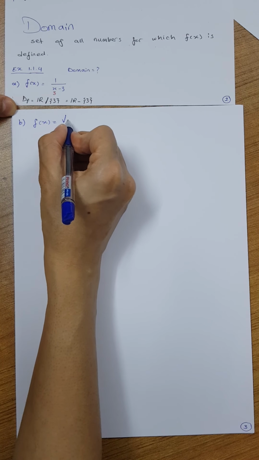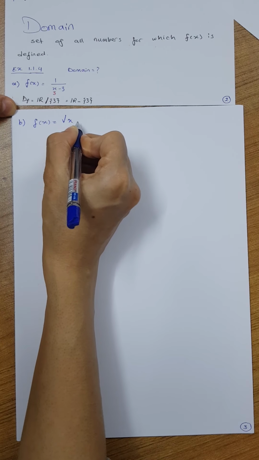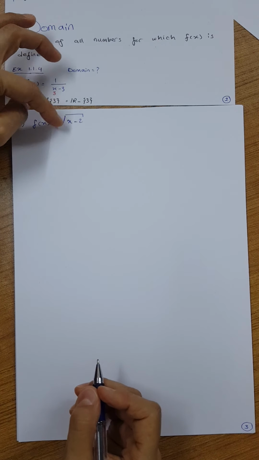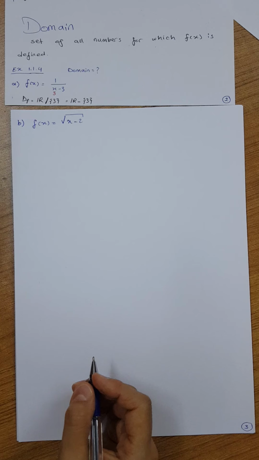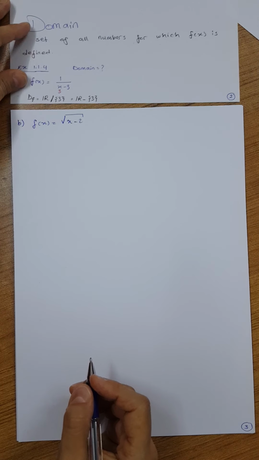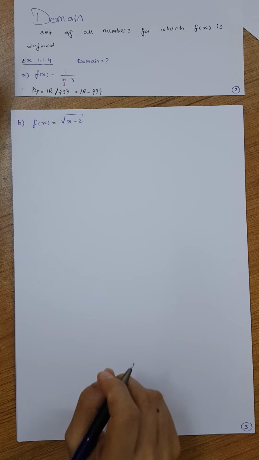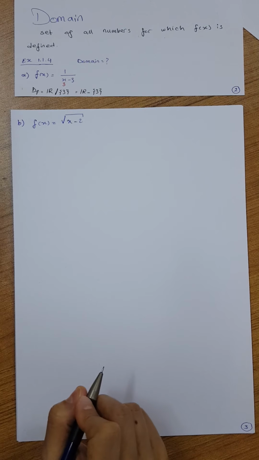Okay, the second example that you have got says f of x is equal to the square root of x minus 2. What is the property of the square root? Does it take negative numbers, positive numbers, or what? Of course, when we are talking about square root, it takes only positive numbers. It's defined only for non-negative numbers.